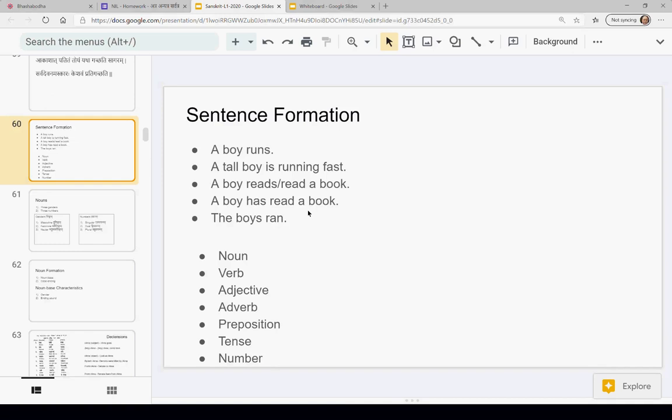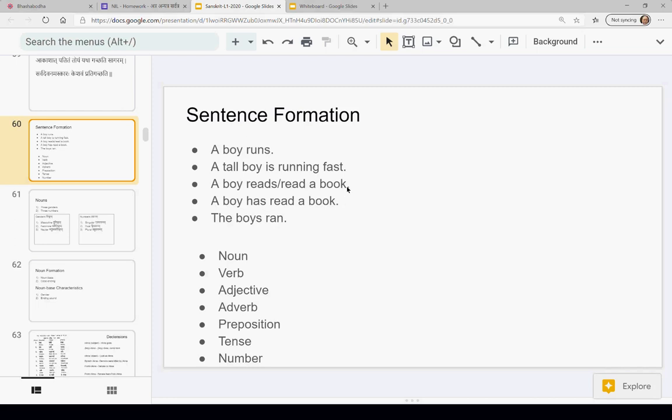For example, when we say the boy reads a book, it is very simple. There is a boy, there is a book, he reads it. So there is a subject, there is an object called book, and there is a verb, indicating action.